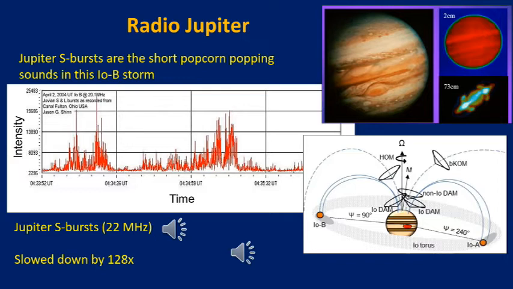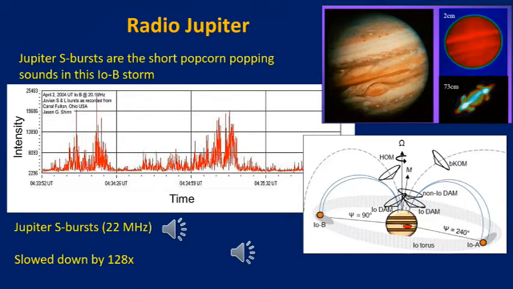The cartoon over here on the right shows that the signals are amplified and sent out in a conical pattern. When that cone is aimed towards the Earth, we have a higher probability of picking up those Jovian emissions.